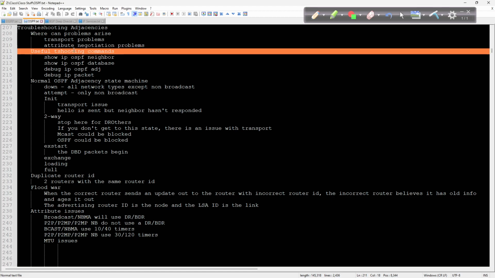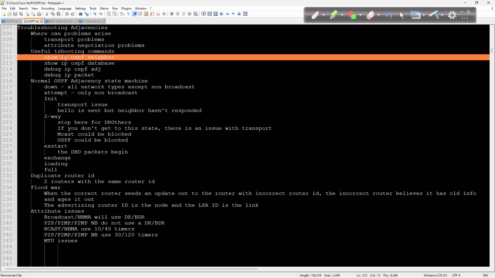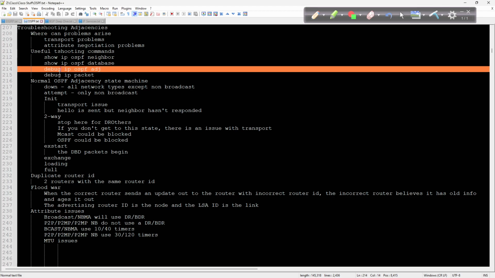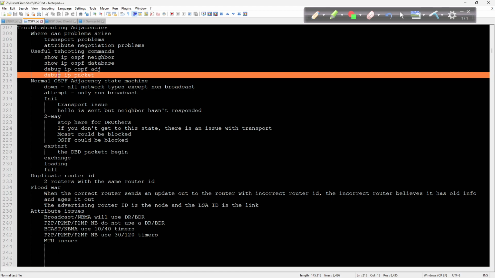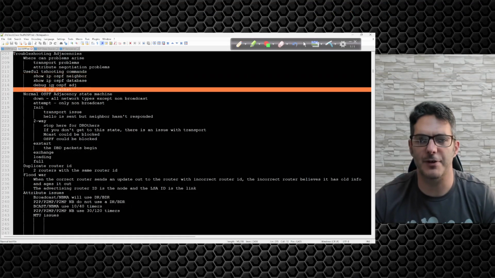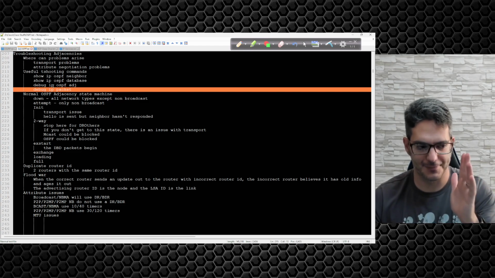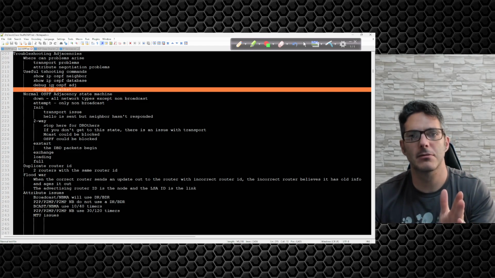So, useful troubleshooting commands: show ip ospf neighbor, show ip ospf database, debug ip ospf adj, and debug ip packet. These are just going to give you some normal outputs. One thing that I definitely recommend everybody does is go through and become familiar with normal operation first and foremost.